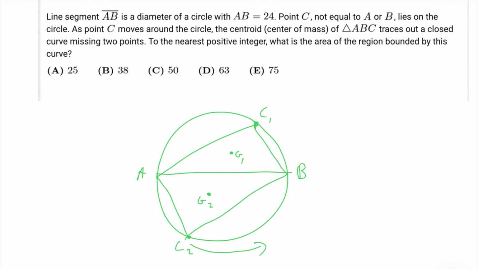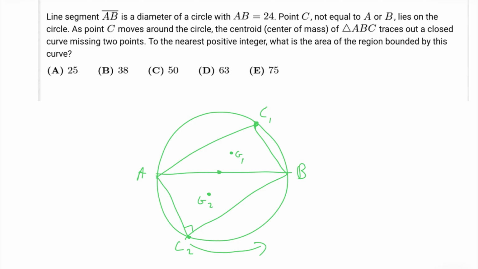Well, we know that angle C is 90 degrees by the inscribed angle theorem. And so its circumcenter is the midpoint of AB, because a circumcenter is basically the point where the perpendicular bisectors of the sides of a triangle intersect. And so for a right triangle, it's exactly the midpoint of the hypotenuse.